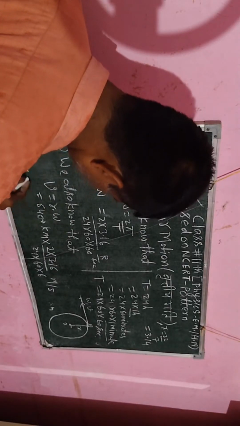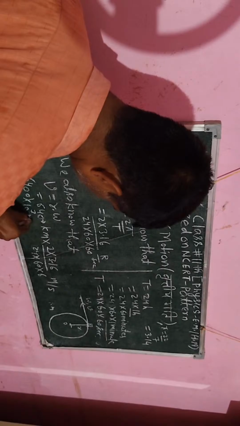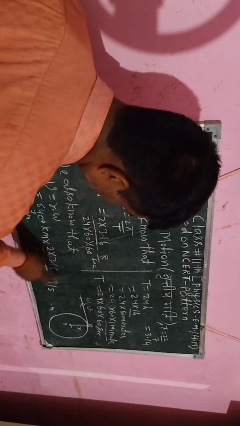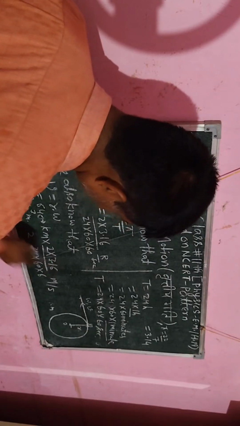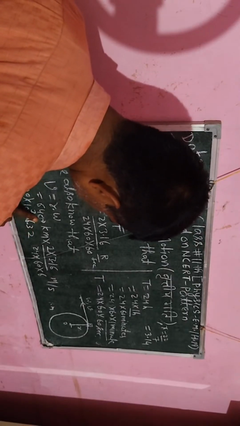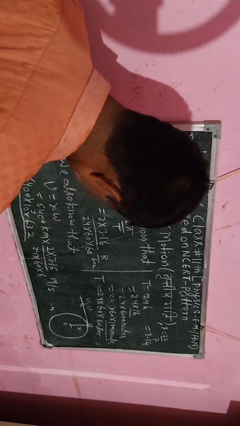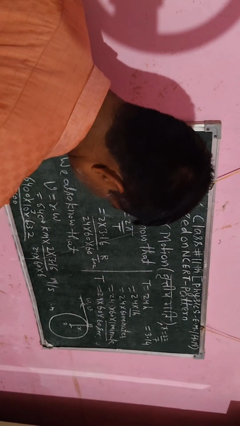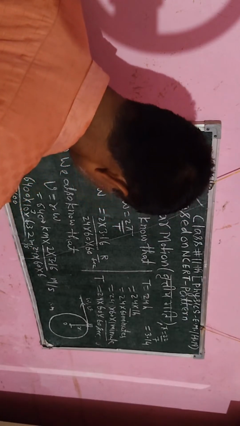So I can substitute 6400 into 10 to the power 3 meter, and multiply by all this value, 2 into 3.14, divided by 24 into 60 into 60, that will be 3600, and the unit here will be meter per second. This is the linear velocity.